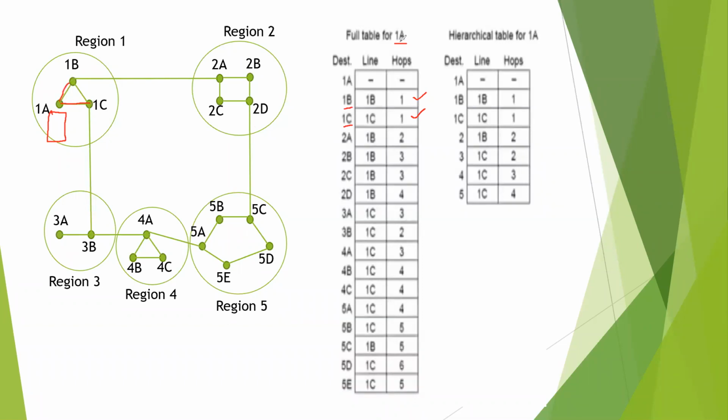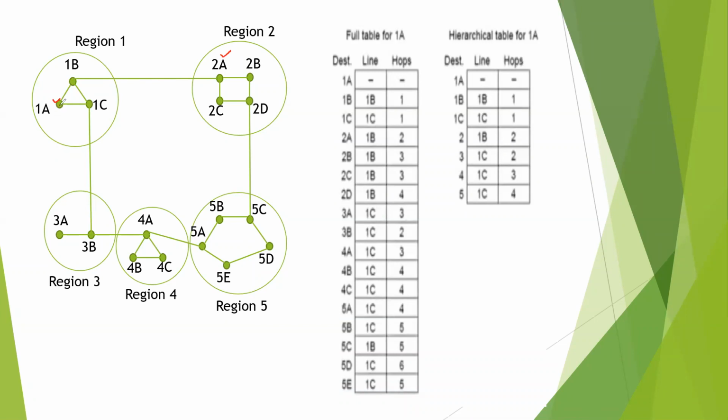Now, if I want to go from 1A to 2A, how can I go? I can go first to 1B, then to 2A. This is the shortest one.